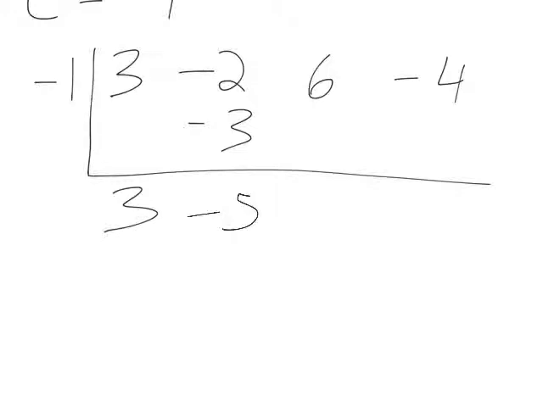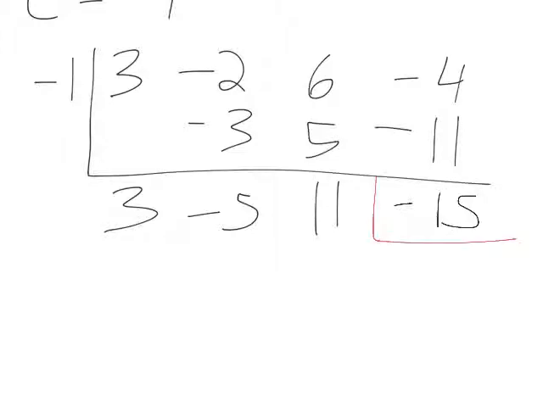Okay, and then negative 1 times negative 5, write it right here, is going to be a positive 5. Combine those, we get 11. 11 times negative 1 is negative 11. Combine those, we've got negative 4 minus 11, that's negative 15, and that's the end of our problem.